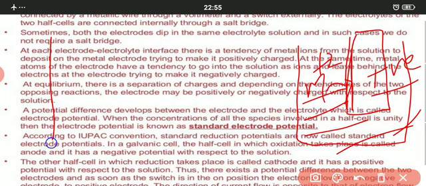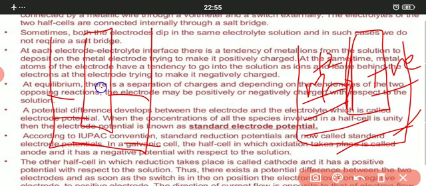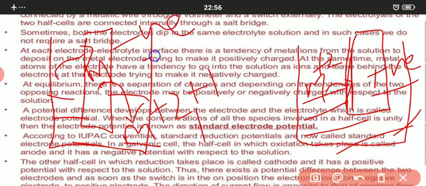At the same time, at the electrode and electrolyte surface, the metal from the electrode has a tendency to go into the solution. Metal goes into the solution and forms M+2 or M+1 ion and makes that electrode negatively charged.